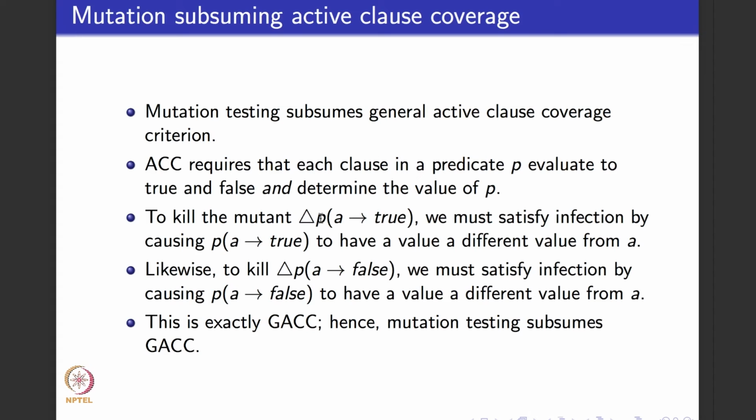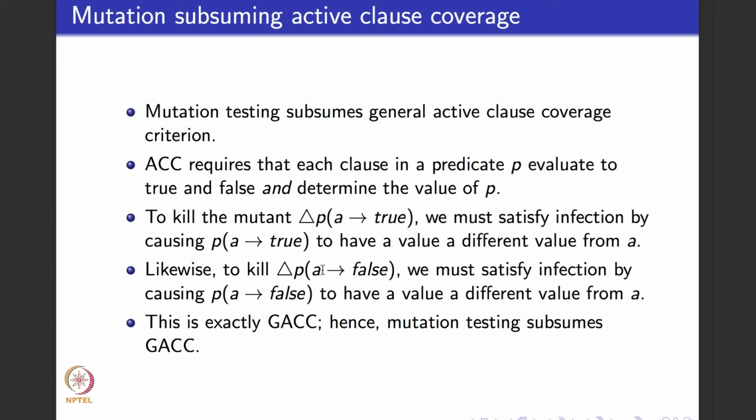So I say this is the mutated predicate with every occurrence of A replaced by true. How will we satisfy infection? We'll satisfy infection by causing this, the original predicate, and this, the mutated predicate, to have different values. Similarly, when I take P and replace A with false, we can again satisfy infection by having the original predicate have a different value from the mutated predicate.